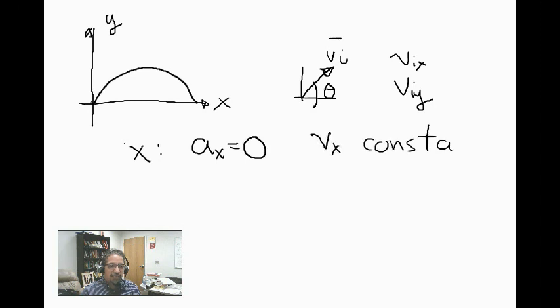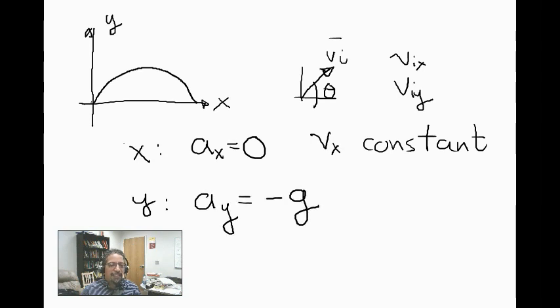And you can use the typical equation for constant velocity. In the y direction, Ay, now in components, is minus g. Remember that g is always positive. So the y component of acceleration is always minus, let us say, 10.